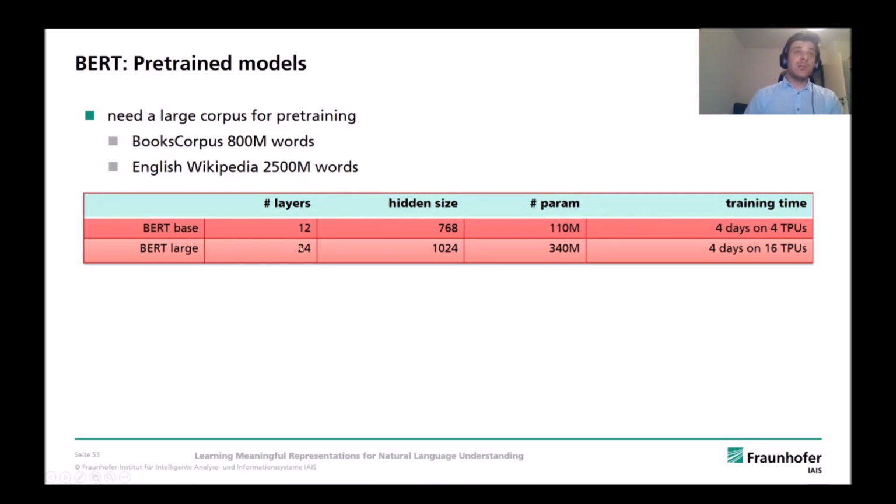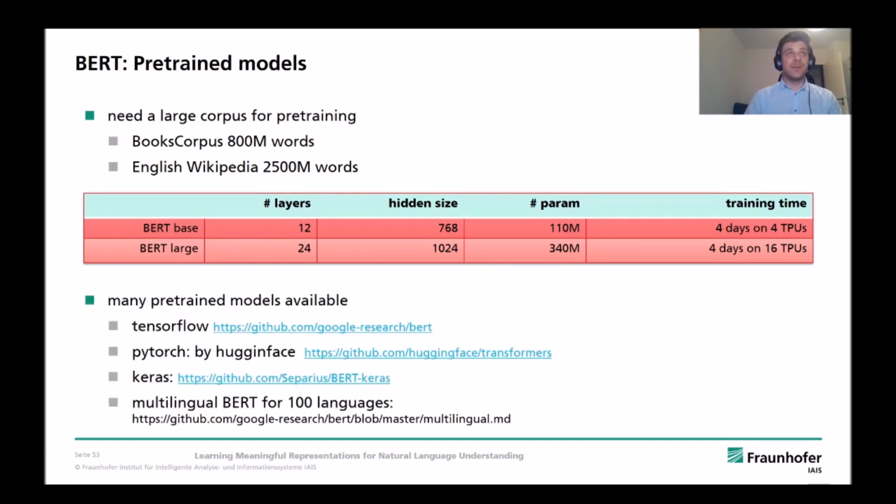The large model, which is double the size in layers, with a 1024 hidden embedding size and 340 million parameters in total, takes 4 days on 16 TPUs. So this is not resource friendly at all.